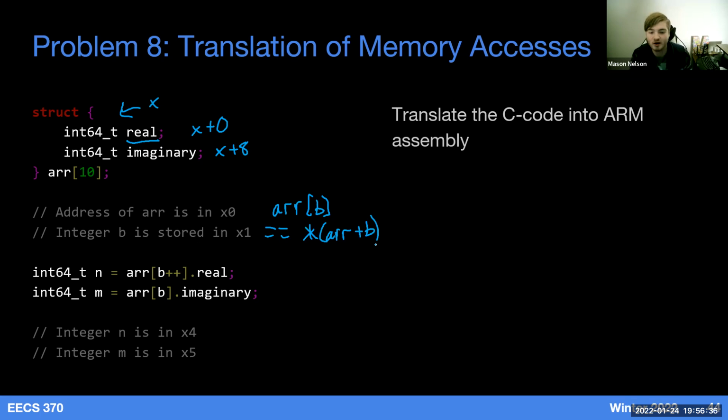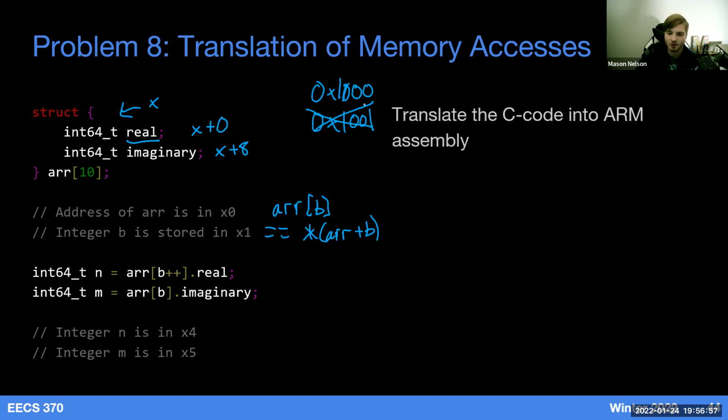And if b is 1, for example, let's say that array is 0x1000. If b is 1, we would not want to access 1001. That'd be bad.